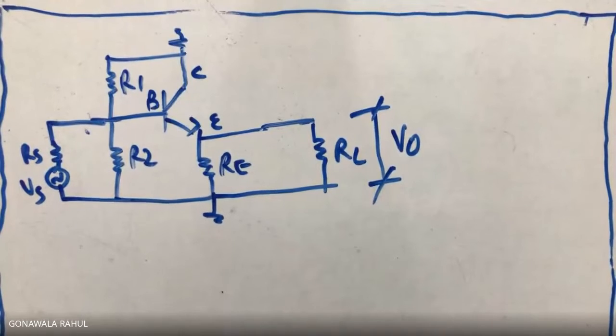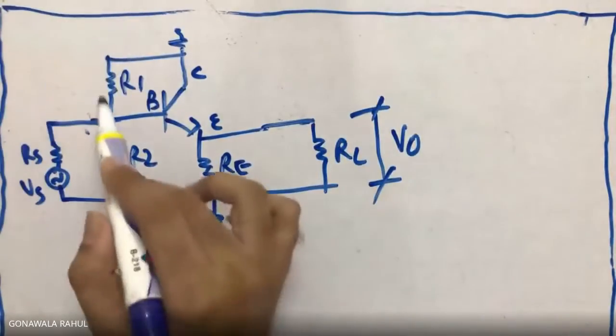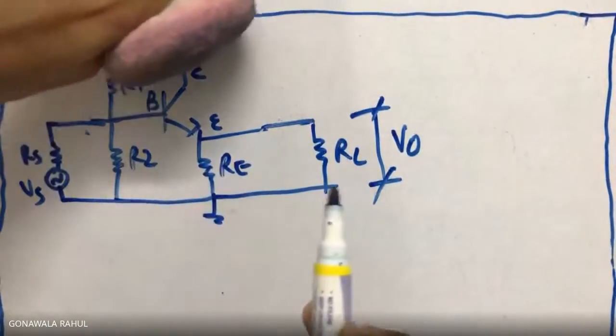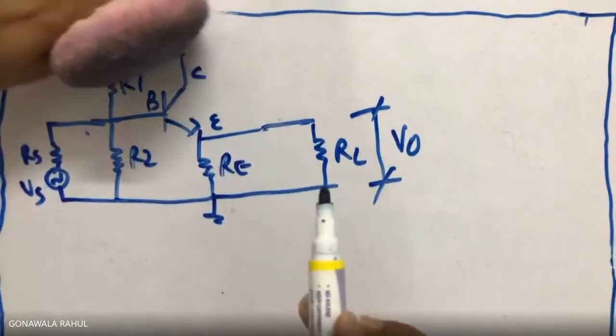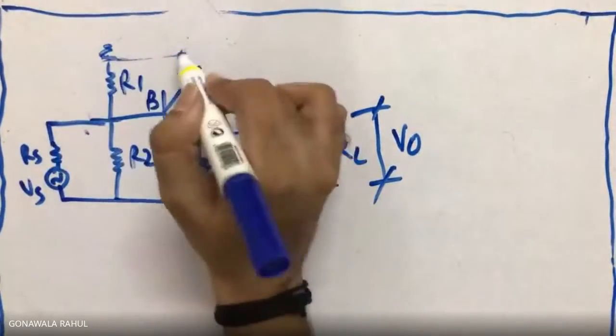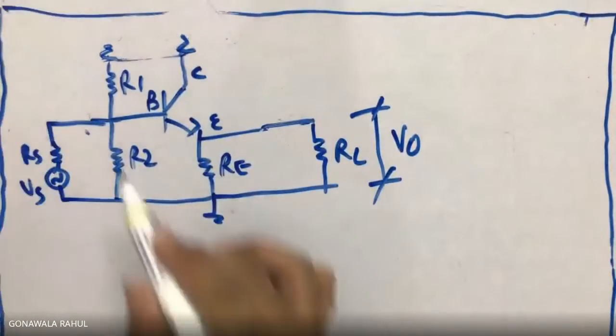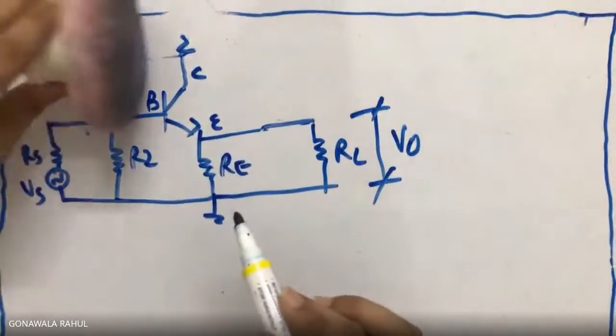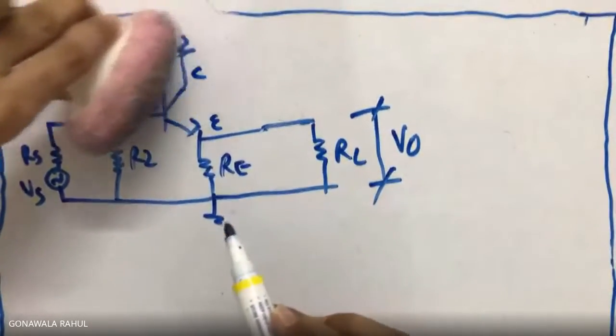Now I modify this circuit by rearranging the parameters. Since this R1 is grounded, I can draw it like this, that this is ground and this is also ground. So R1 is grounded, R2 is also grounded, so R1 and R2 come in parallel.